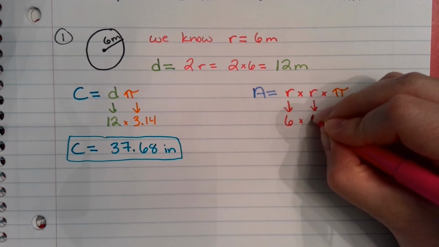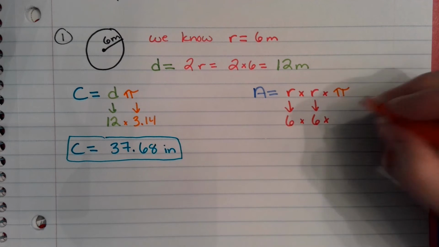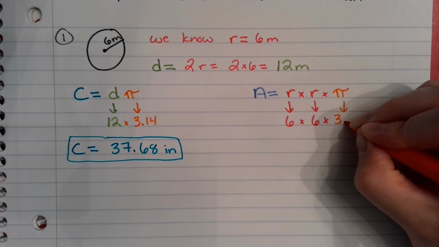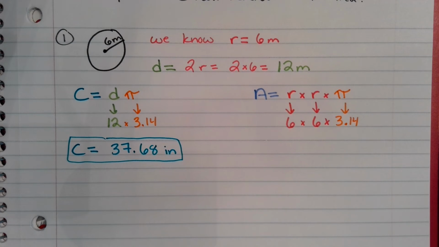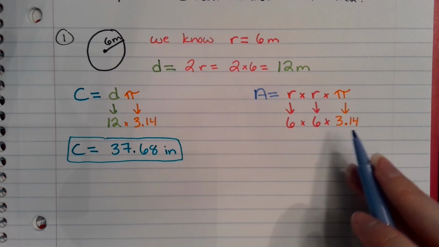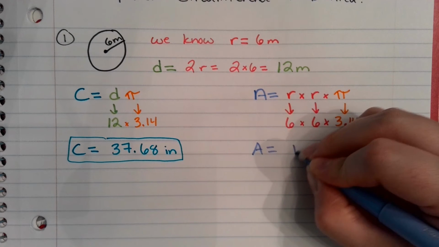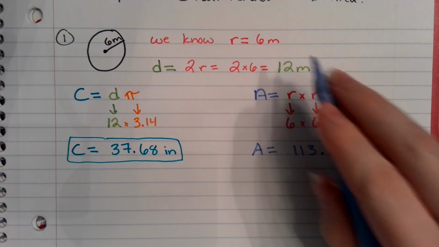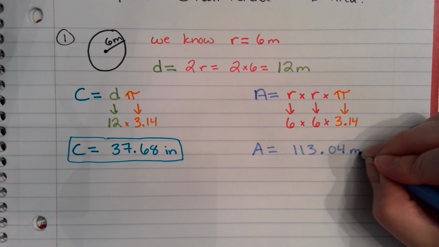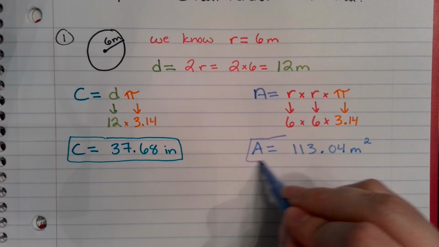So we're going to do 6 times 6 times pi, so times 3.14. So 6 times 6 is 36, and 36 times 3.14 is going to give me my area, which is 113.04, and this is in meters squared.